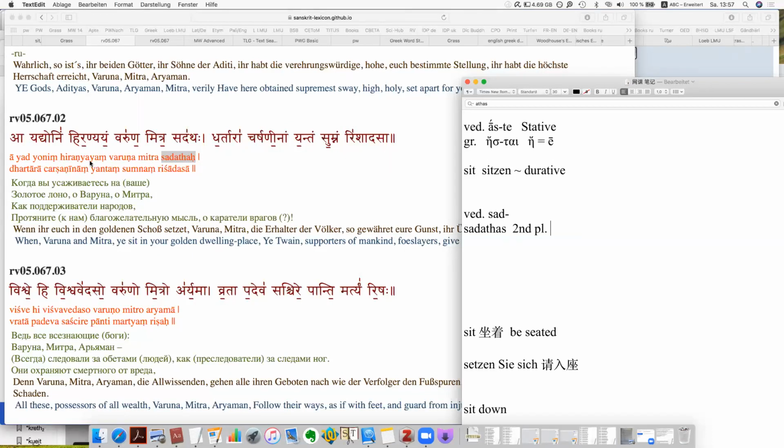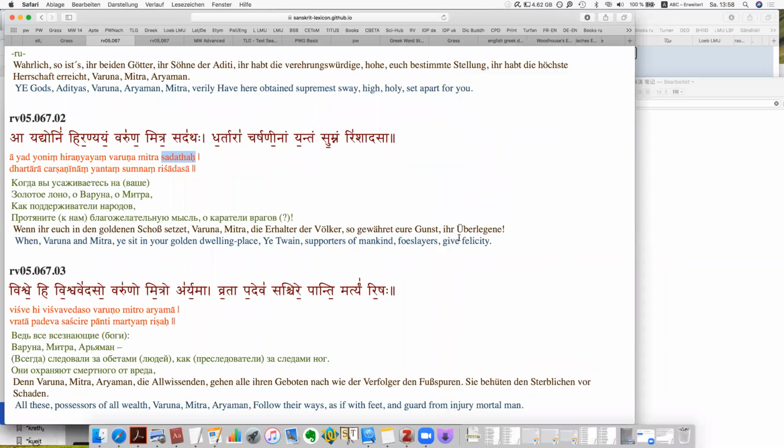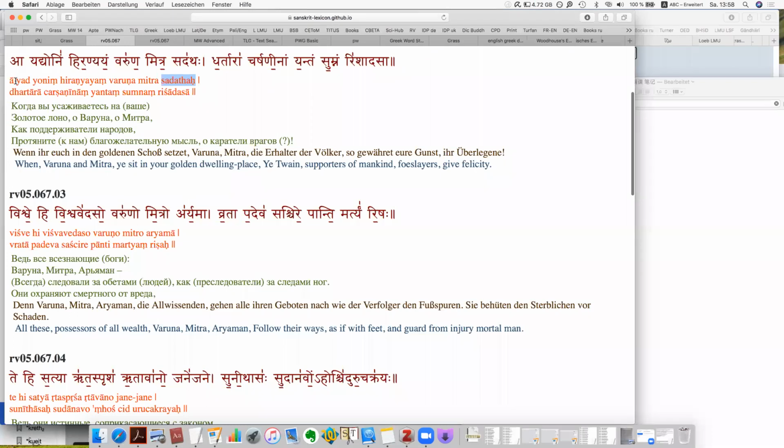Yonin hiranyayam. So in this golden dwelling place. So if you two settle yourself in this golden place, and then you should give felicity. So if you two settle yourself, Varuna and Mitra.